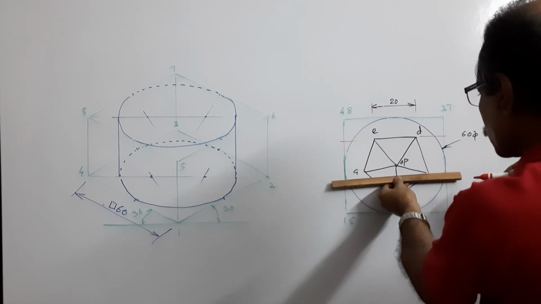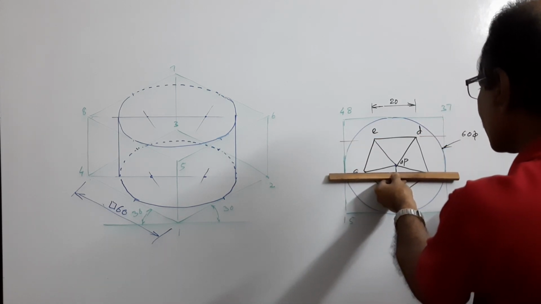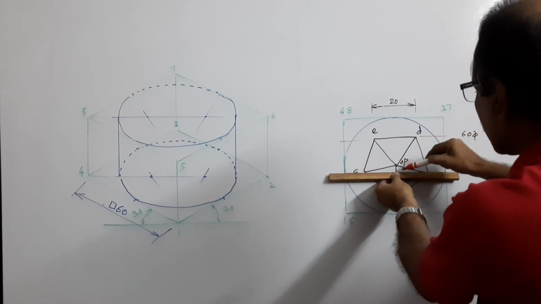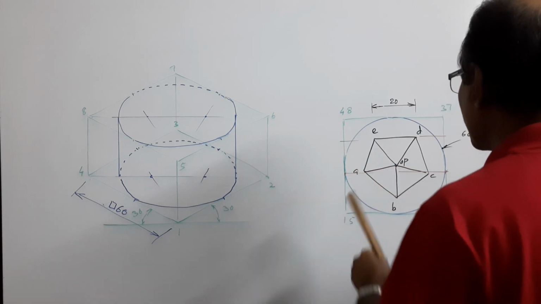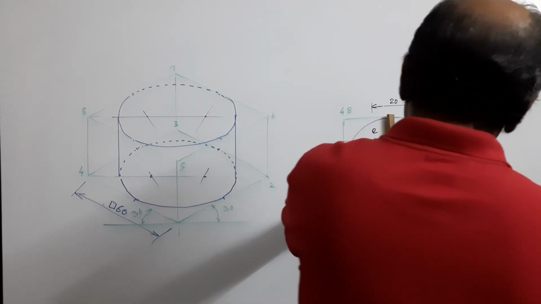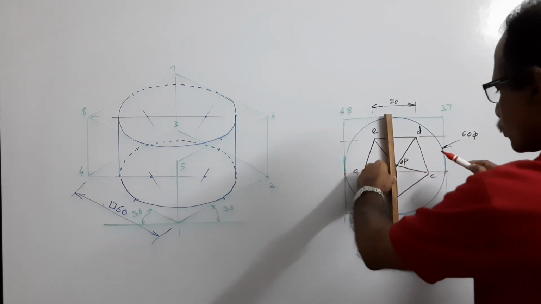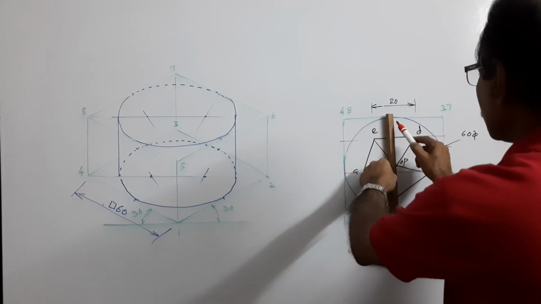A horizontal line through A and C. And a vertical line through B. It will pass through the center also.